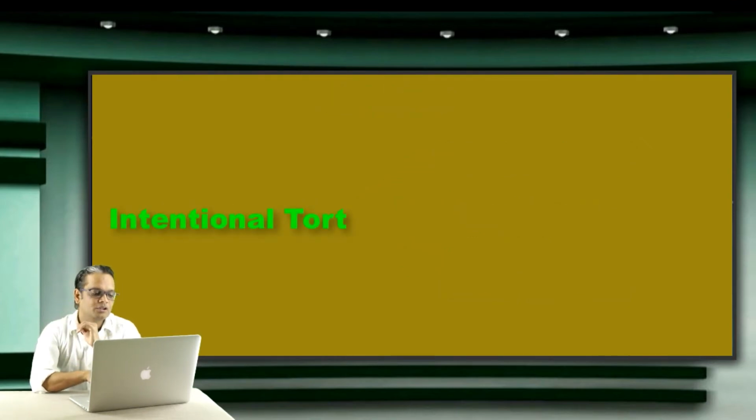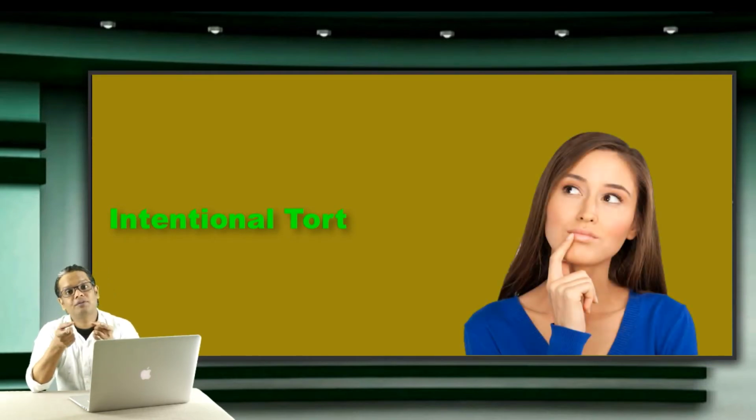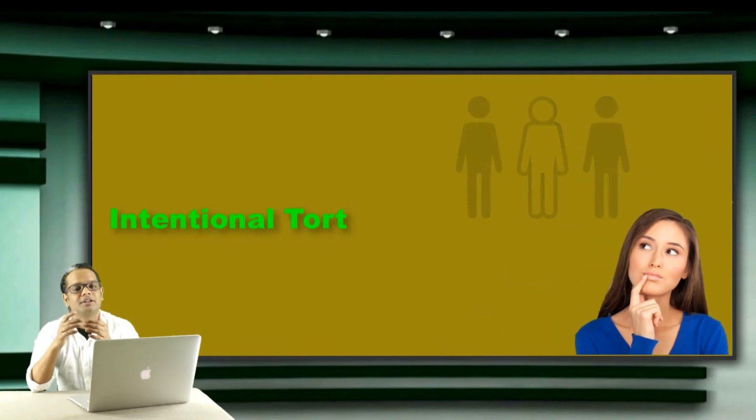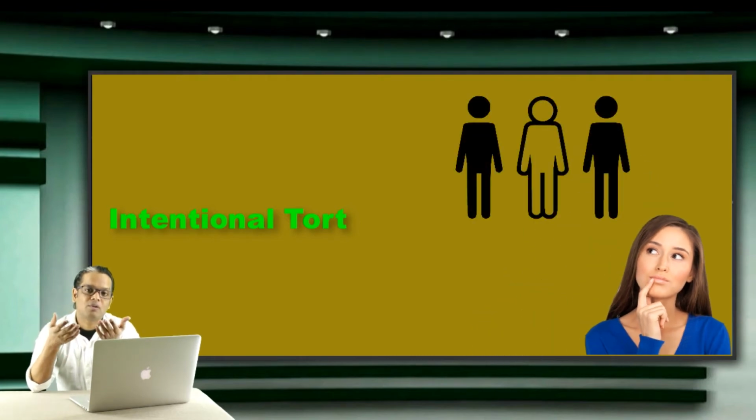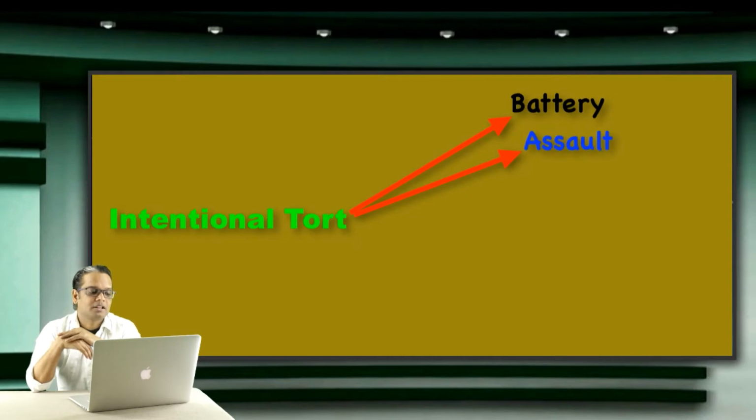Let us check out what are the major types of intentional tort, because intentional tort may be of different kinds. So, what are those kinds? Let us check it out. The first one, of course, battery and assault. Second one, false imprisonment.